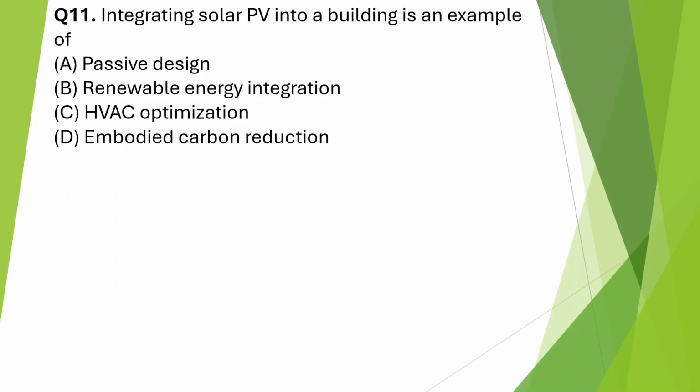But when your building is constructed and you are integrating solar PV panels into it, then you are integrating renewable energy inside your building. That is the most appropriate answer for question number 11.